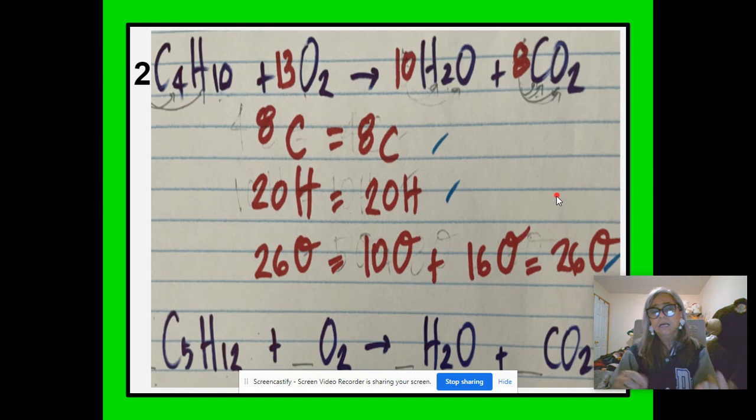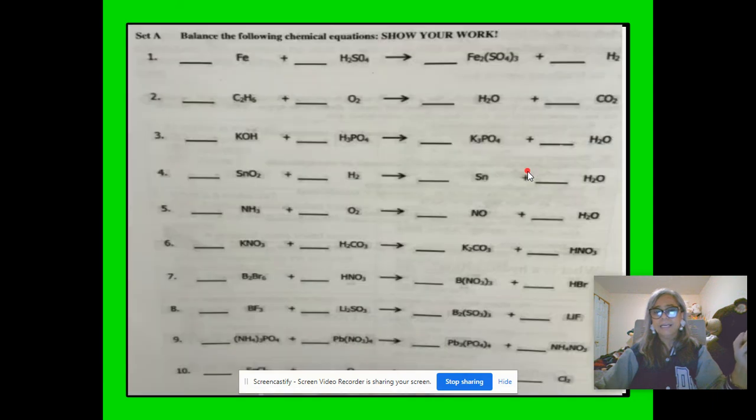Sometimes it's best really to use a pencil with a good eraser, as you can see even from the loose leaf that I've used here. Before I ink it, I use pencil first. And there you go, people. So we've gone through essentially number one, and then number two with a side discussion on alkanes, and then number three, side discussion on alkenes.